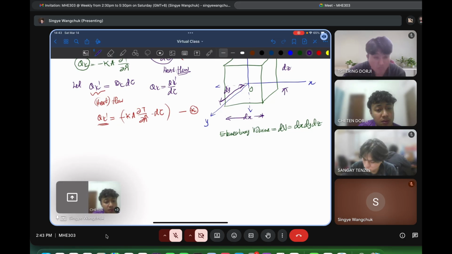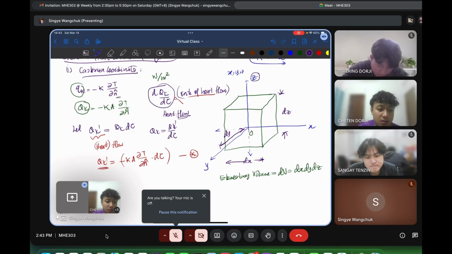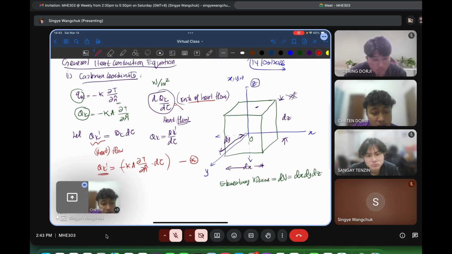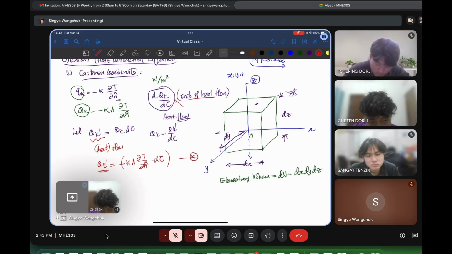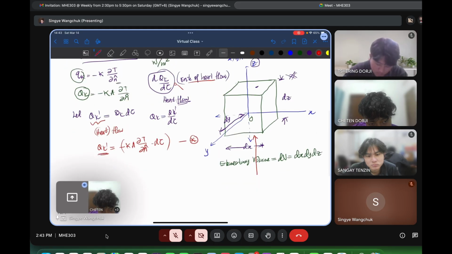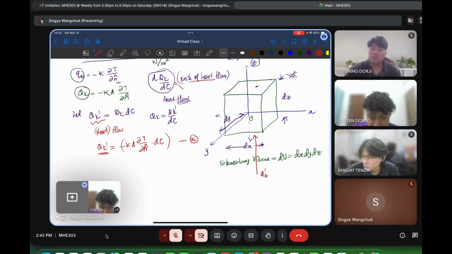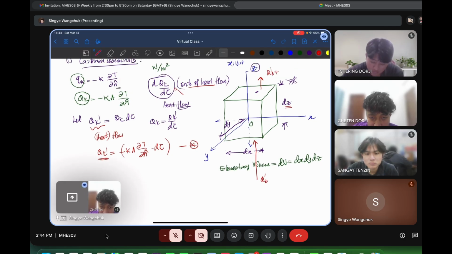Now let's see what heat is traveling in this element, or what heat is exchanged in these elements. For that, let's consider the heat flowing through the z-axis as q_z dash. After it passes the length dz, it escapes, and then it is q_z dash plus dz.